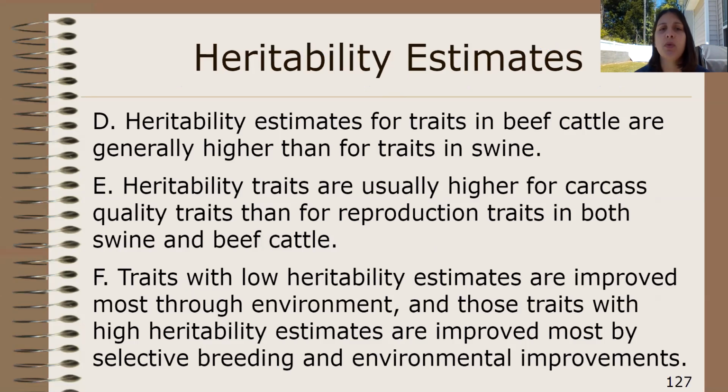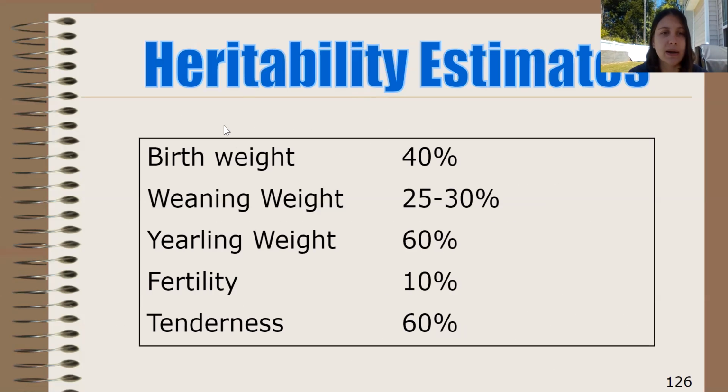Heritability estimates for traits in beef cattle are normally going to be higher than the traits in swine. So let me back up and give an example. Let me do weaning weight, since it already gives me a range. That bullet on the slide we were just at said that the estimates for traits in cattle are normally going to be higher than the same trait in swine.